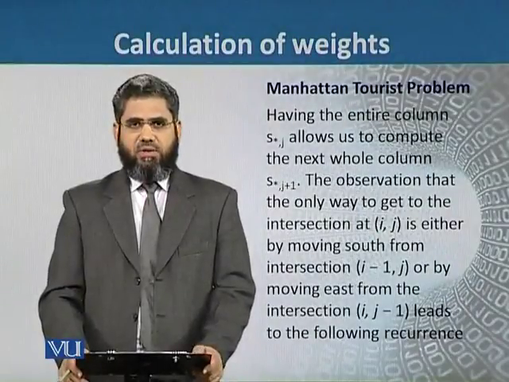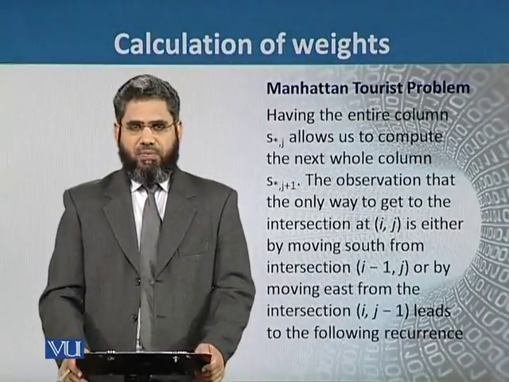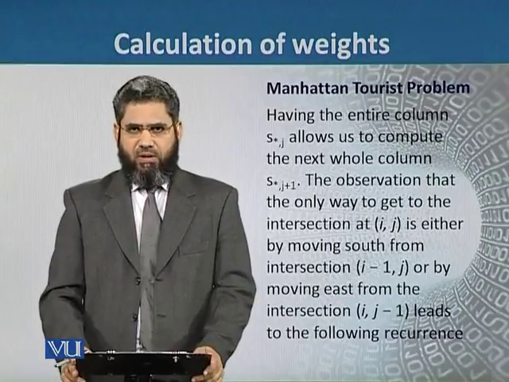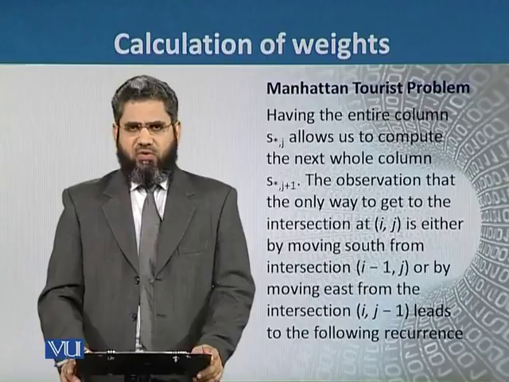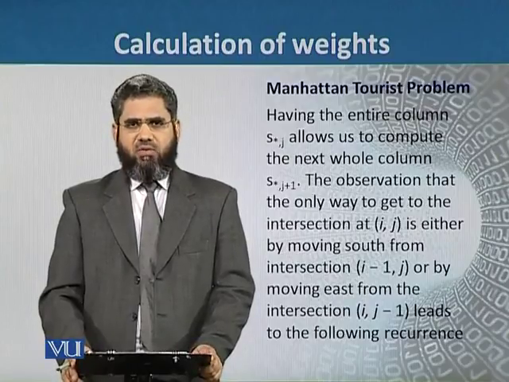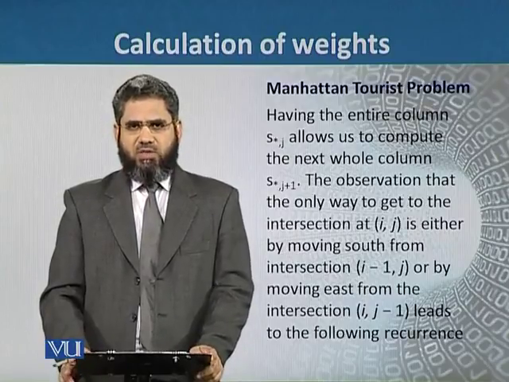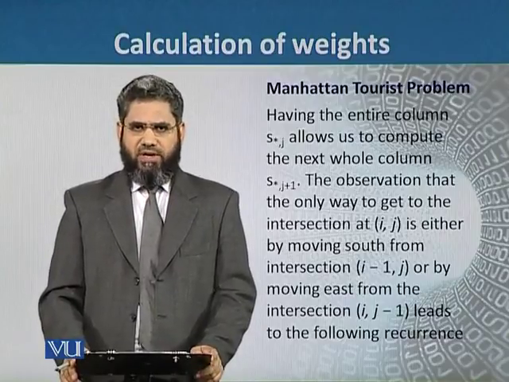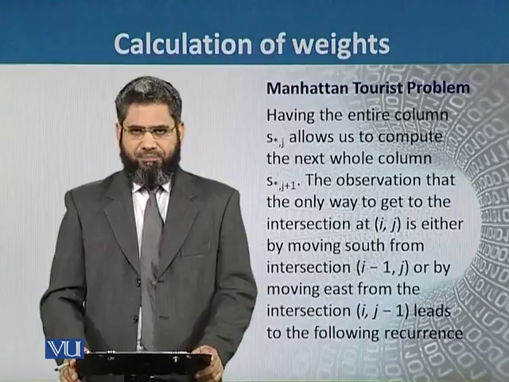So if we have the value of any column having S star J, where star means any value, and we have the value of J, then we can calculate the value of the next column by using the formula S star J plus 1.